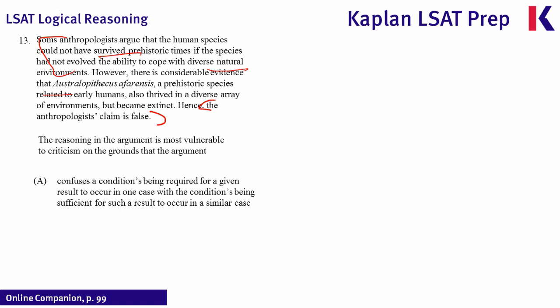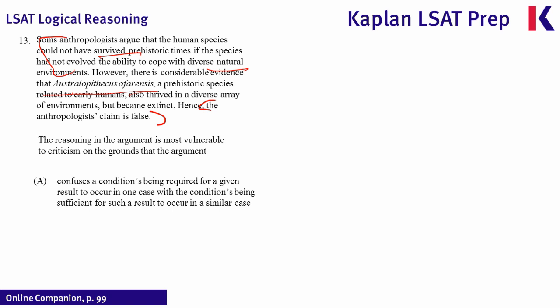Now, many of you, even though it's still early in our training, may have realized that flaws occur when an arguer mistakes sufficiency for necessity and vice versa. This is one of those times. Our author points to what he thinks is an exception. He points to a human species that went extinct even though it possessed the ability to cope with many natural environments.